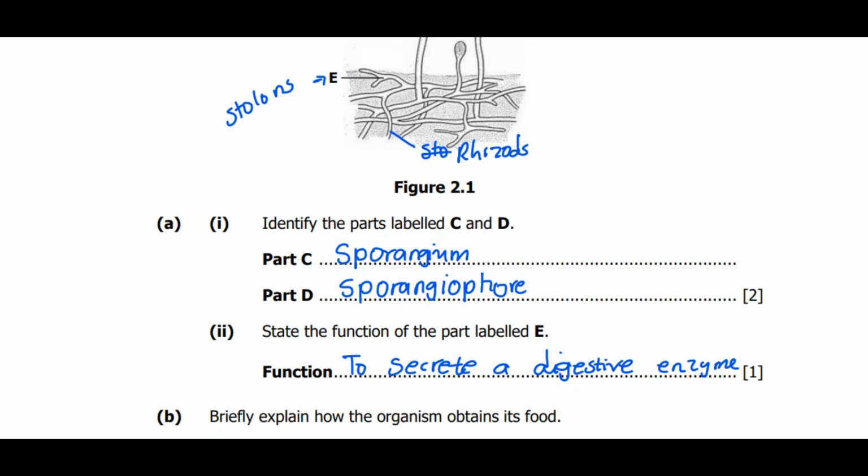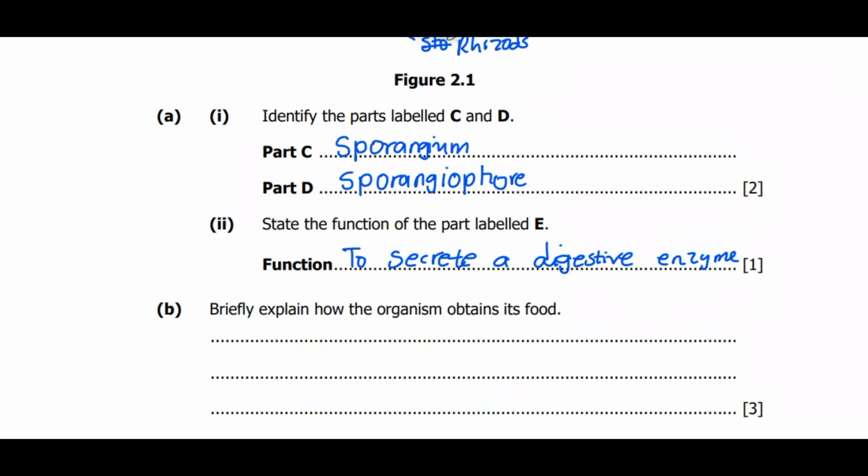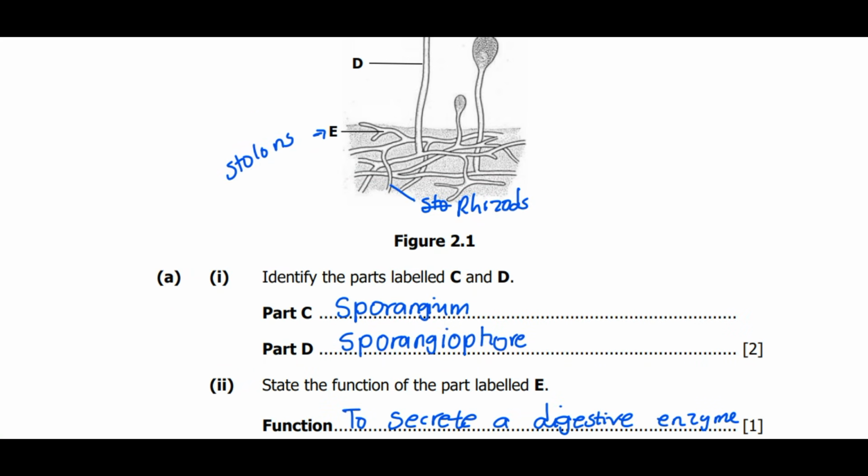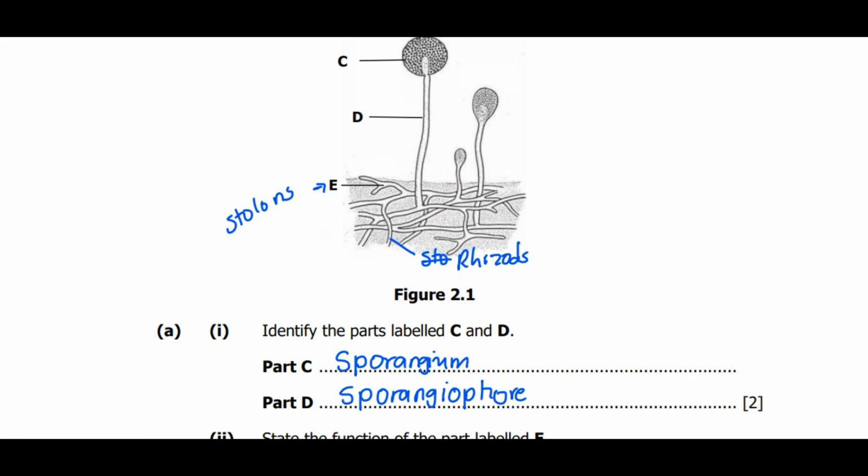Then we have question B, where we are asked to briefly explain how the organism obtains its food. Remember, these organisms like to grow on dead matter. If a rhizopus has grown on a bread, the bread acts as a substrate.